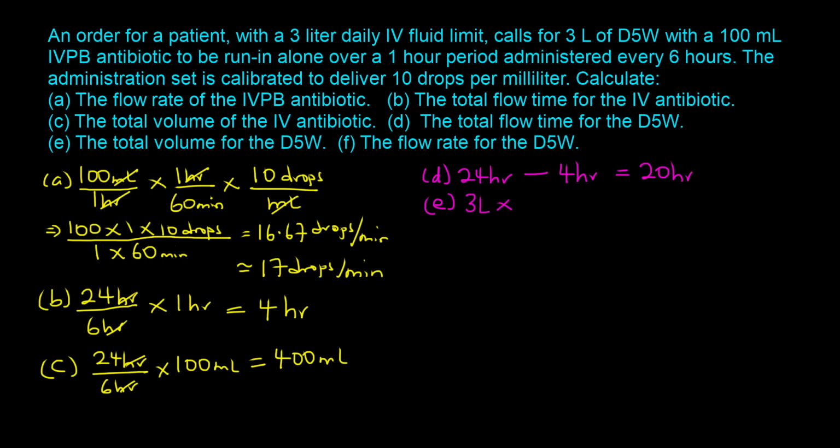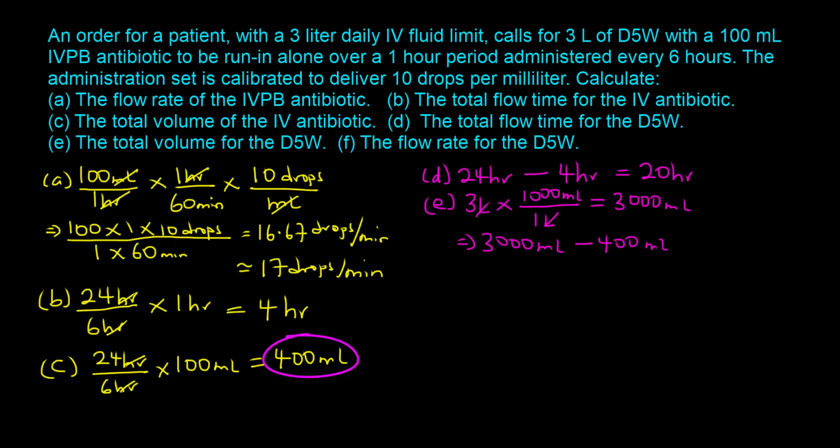So 3 liters multiplied by the conversion factor, 1 liter is 1,000 milliliters. The liters cancel out, and that gives 3,000 milliliters. So from this 3,000 milliliters, we will subtract the total volume of the antibiotic, which is 400 milliliters, and that should be equal to 2,600 milliliters.